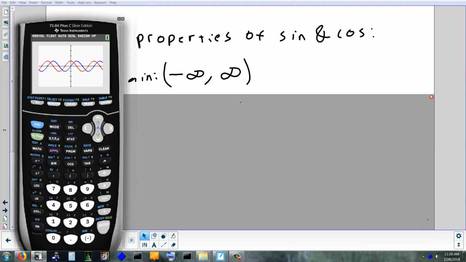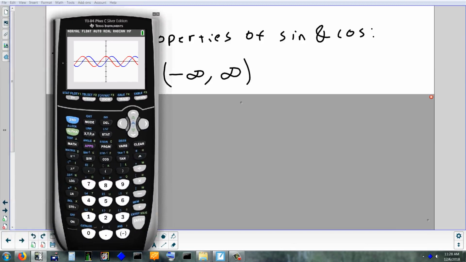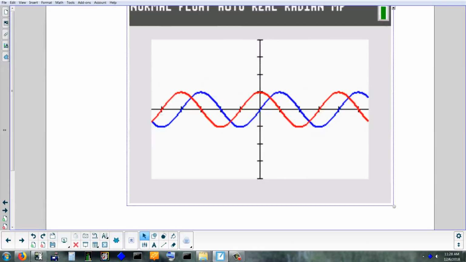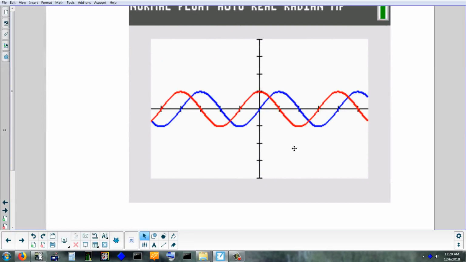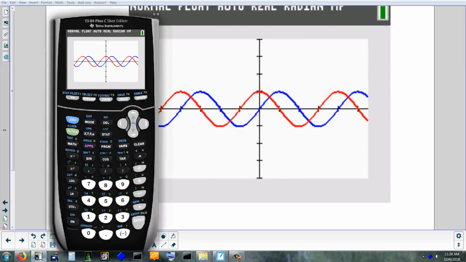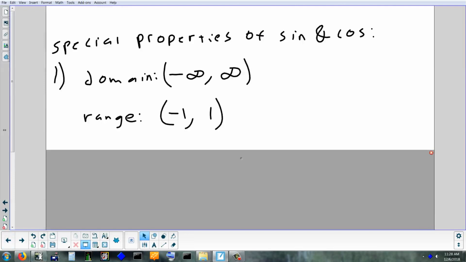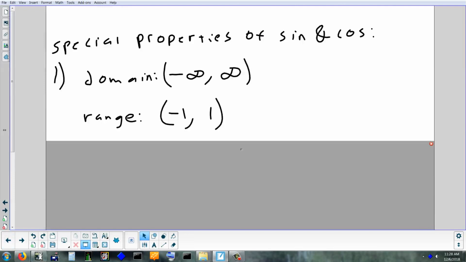If I make it bigger, it's easier to see. The graphs don't go any higher than 1, and they don't go any lower than -1. And what's that called? It's not the domain, that's the range. And these are the only two trig functions that have that exact domain and range.